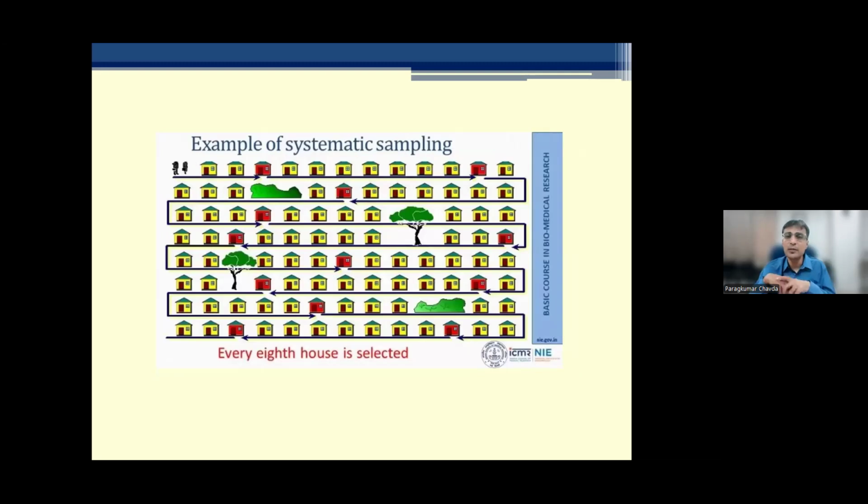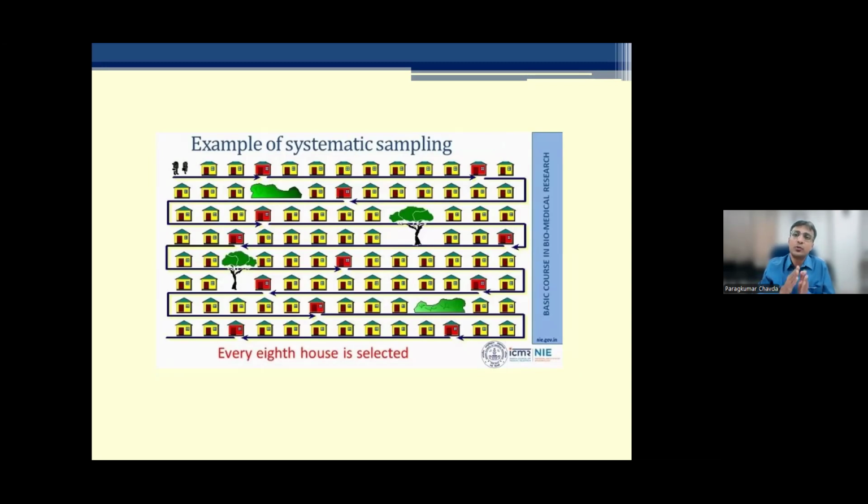The next is systematic random. Systematic random is also theoretically difficult in an OPD setting, but conceptually we can explain it this way. Today I am expecting 50 people in my OPD, and I wish to collect a sample from only 5 people.